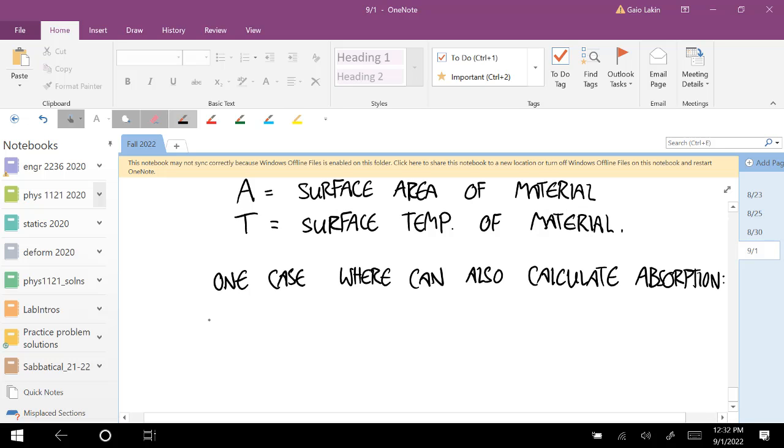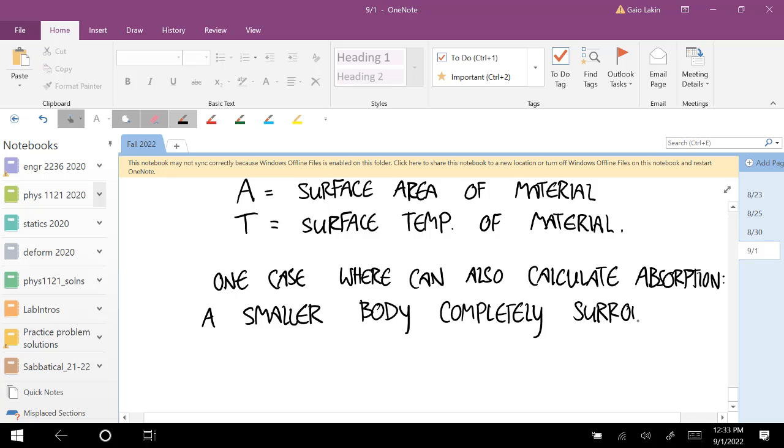That is for a smaller body that's completely surrounded by a larger body. So this is like an object outside completely surrounded by the atmosphere.